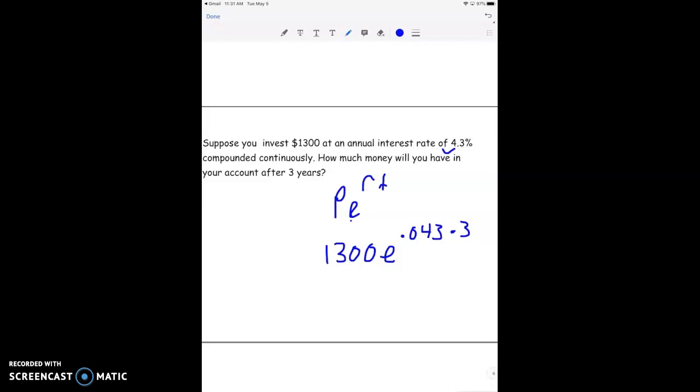Go to the calculator, find your E key, and then type inside that parenthesis up top 0.043 times 3. Close it, hit enter, and you will get your answer. In this case, our answer is $1,479.